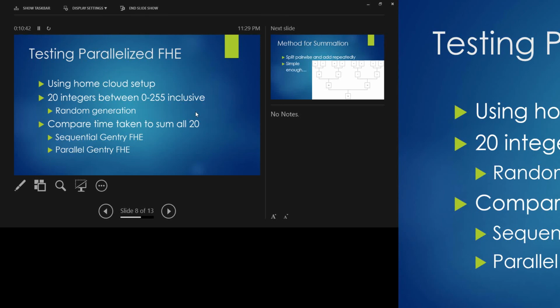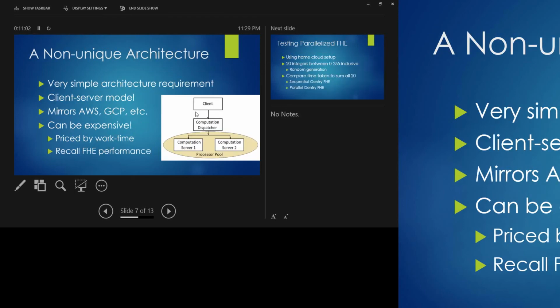But circling back to why this was done in a home cloud setup, it's indicative of a problem that is inherent to the fully homomorphic encryption scheme. The people that did this test don't want to use proprietary software like the aforementioned AWS or GCP because those can be very expensive.